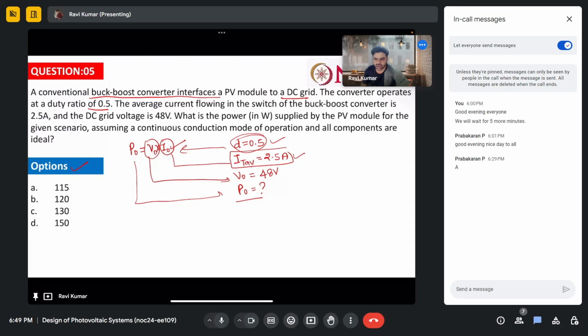Do you need the relation or do you remember it? What is the relation which relates I naught with this IT average?